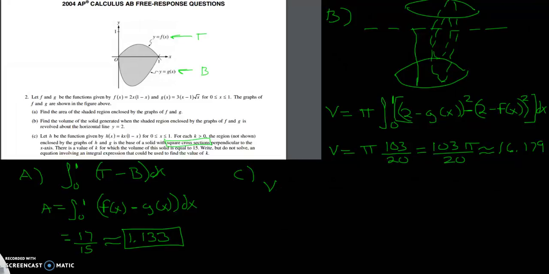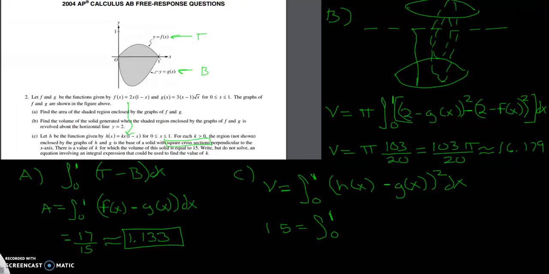Okay, so you would say V equals, still has the same boundaries, 0 to 1. Now, this is basically almost the same thing as this, except it's going to be above it somewhere. So you're going to say h of x minus g of x, but since it's a square, it's side squared, dx. And now you would just say 15 equals the integral from 0 to 1.